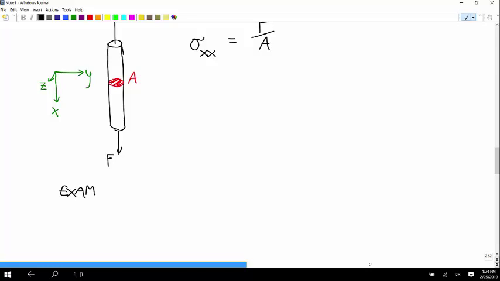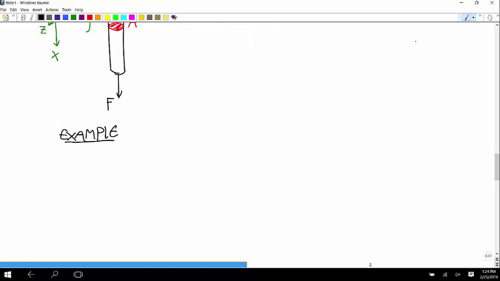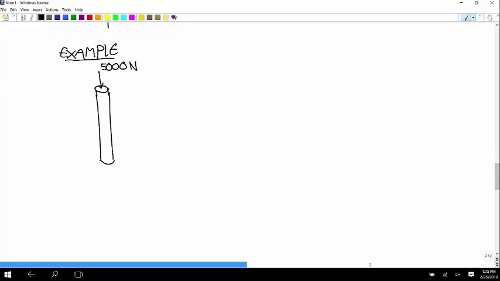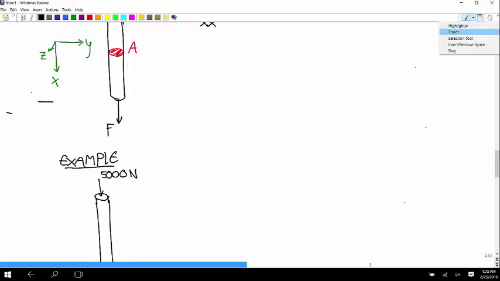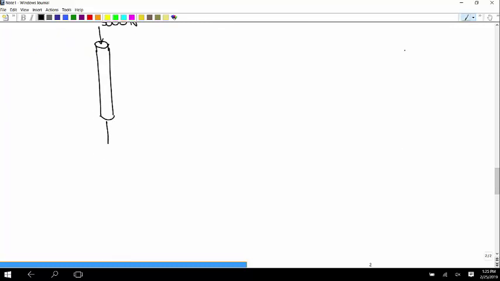So for example, let's say you have this circular cylinder and it's loaded with 5,000 newtons of force that way on one face, and 5,000 newtons of force this way on the other face.